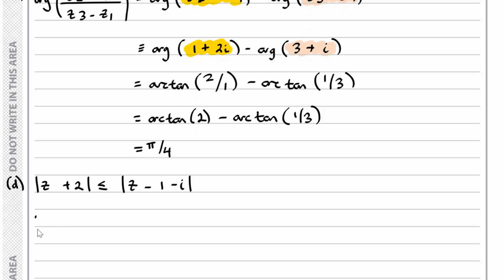And we can rewrite this as mod z minus minus 2 being less than or equal to mod z minus 1 plus i. Okay.